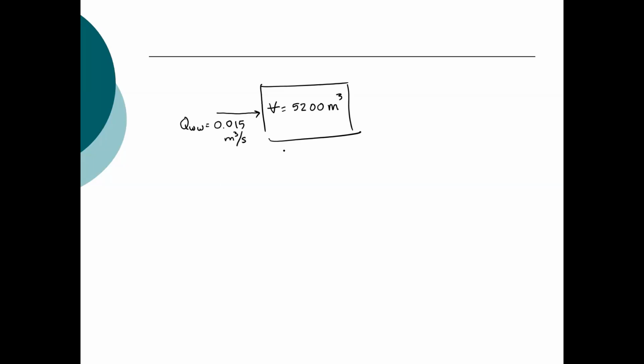Okay. And you're told that at steady state, the concentration of the lagoon is 250 milligrams per liter. Now, in order for that volume to be constant, the flow out has to equal the flow in, so it's 0.015 cubic meters per second.